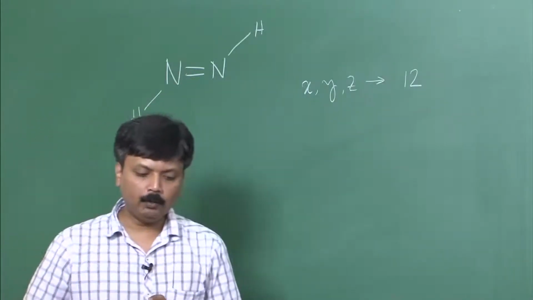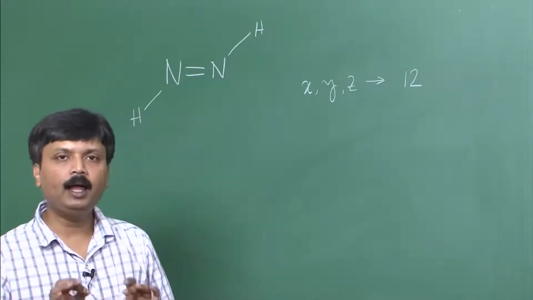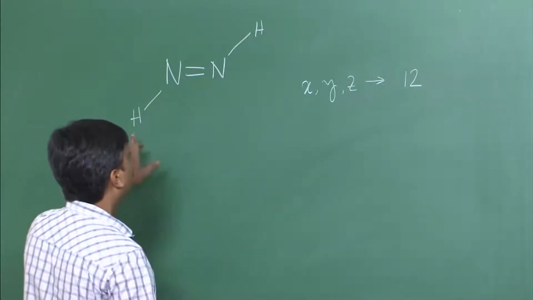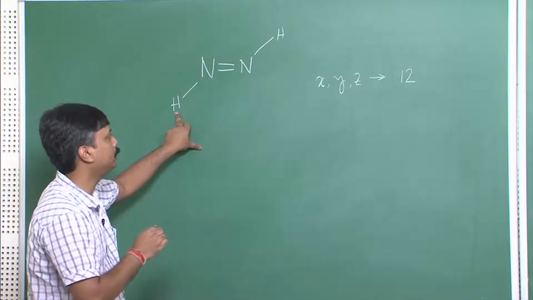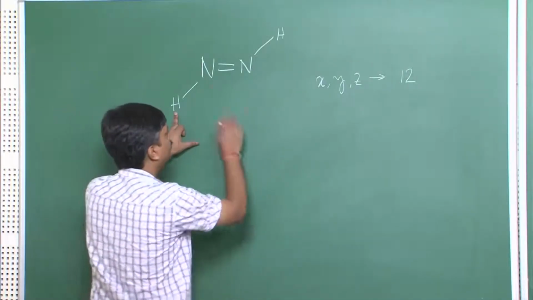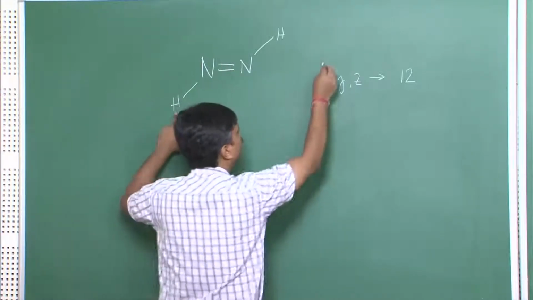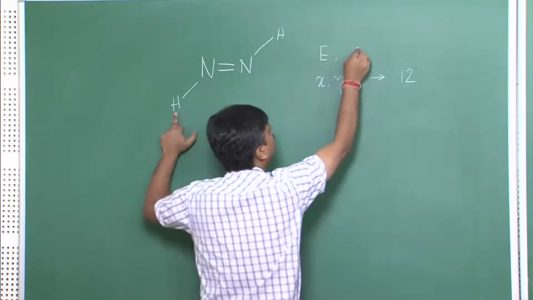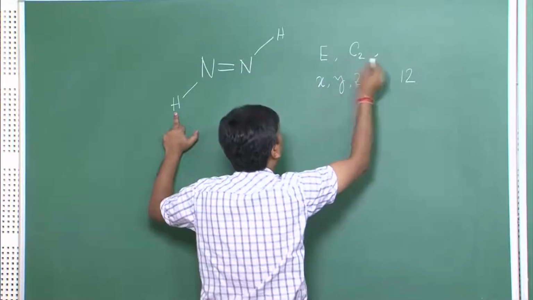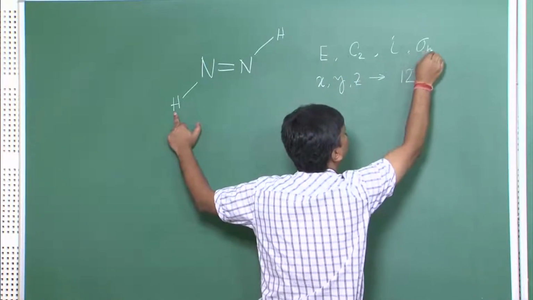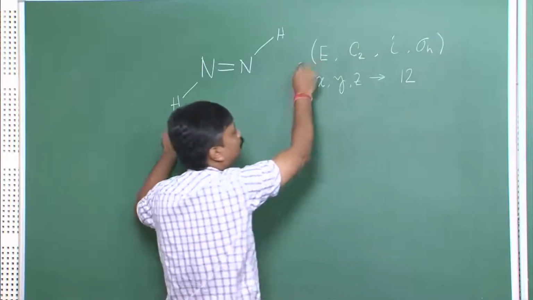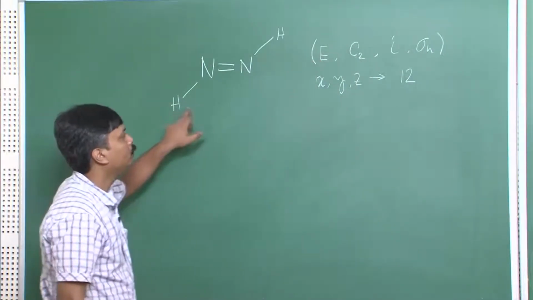Now we are going to use this unshifted atom concept here. So what it tells is, when I operate all the symmetry operations, what are the symmetry operations that I have? I have identity, C2, inversion symmetry, and I have sigma h. So these are the 4 symmetry operations that are possible here.